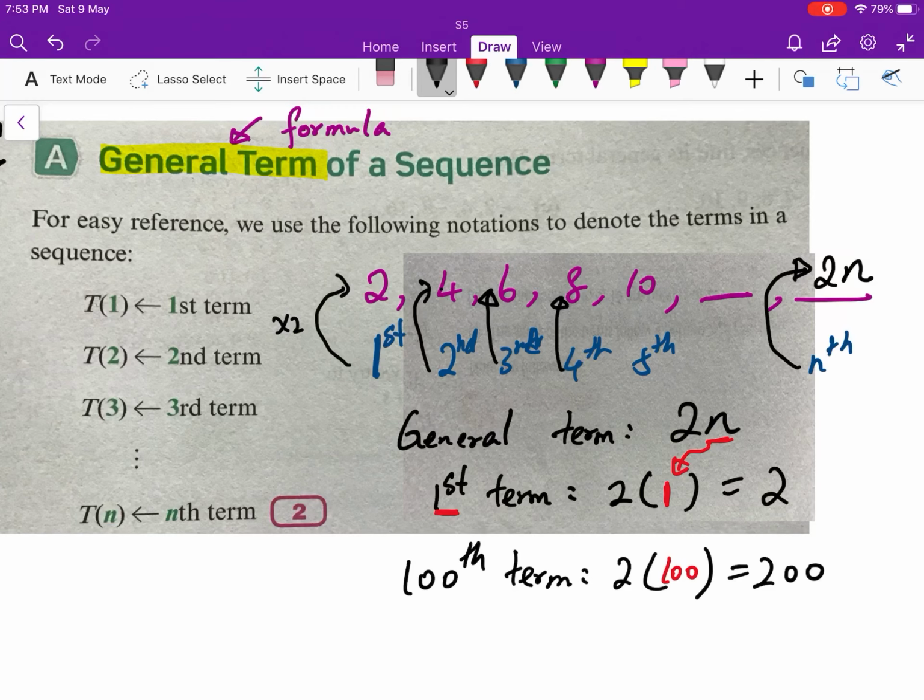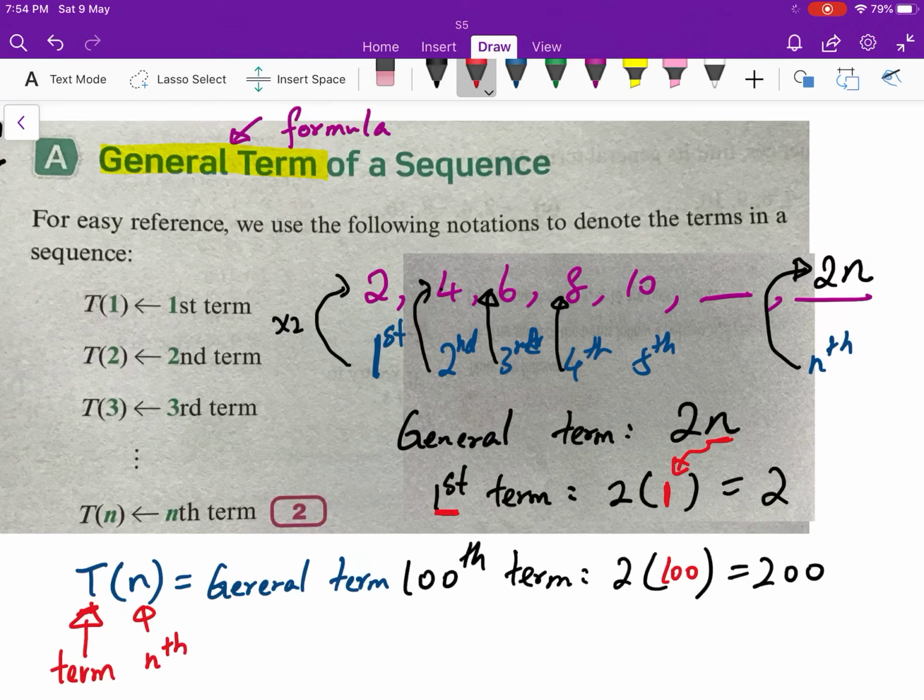So guess what the general term is. Now we introduce you to some symbols. First of all, we use Tn to represent the general term, because T stands for term, and n stands for the position, in which position, the nth position.